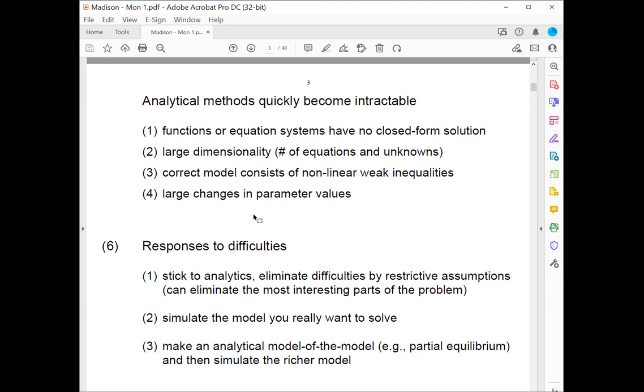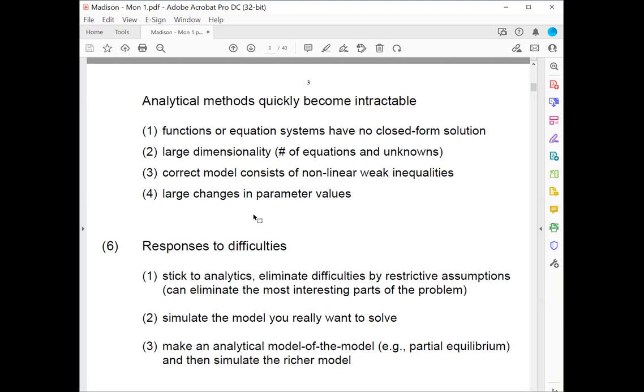The correct models consist of nonlinear weak inequalities, whereas lots of calculus-based analytical methods, comparative statics, for example, just can't deal with those corner solutions. You hit a corner where something goes to 0 or the opposite on some variable. And large changes in parameter values.